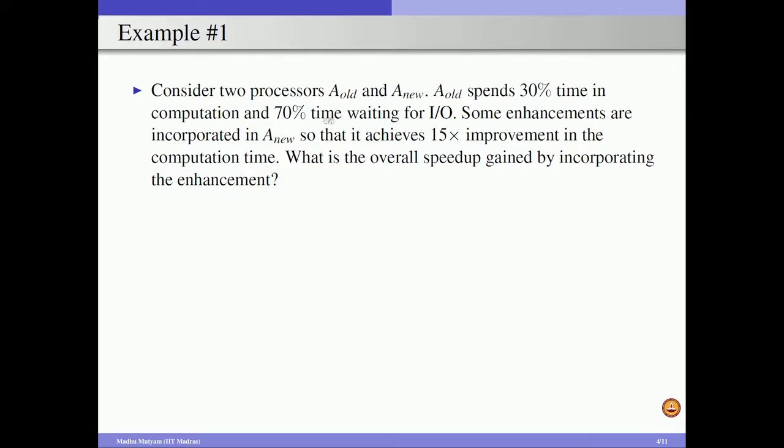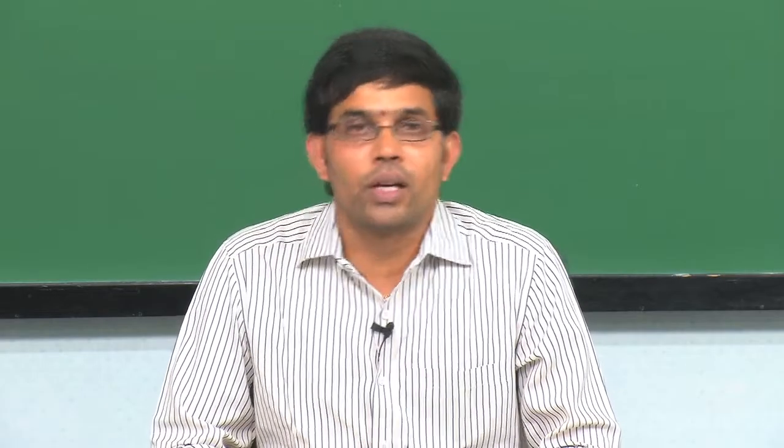Some enhancements are incorporated in a new processor so that it achieves 15 times improvement in the computation time. What is the overall speedup gained by incorporating the enhancement? To know whether A new is better or A old is better, we need to find the performance achieved with A new and A old.